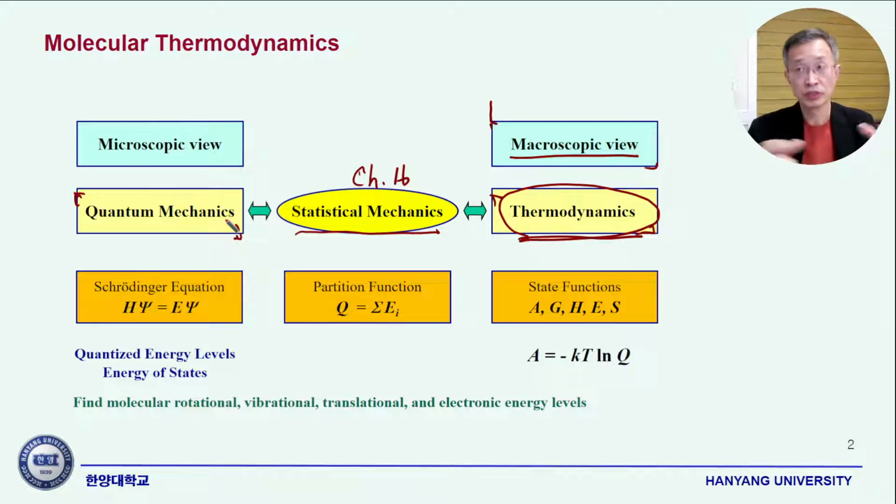Basically, we solve the Schrödinger equation for a given problem. That is the Hamiltonian acting on the wave function gives energy times the wave function, H psi equals E psi. That's maybe the ABC of quantum mechanics. So we solve the Schrödinger equation, and then we obtain energy levels, which are quantized.